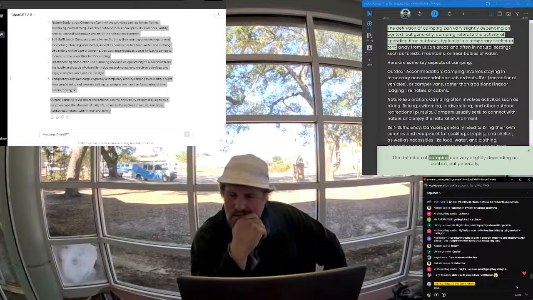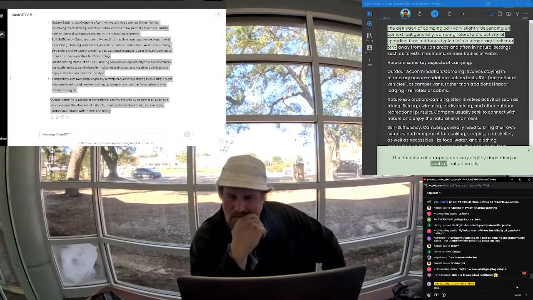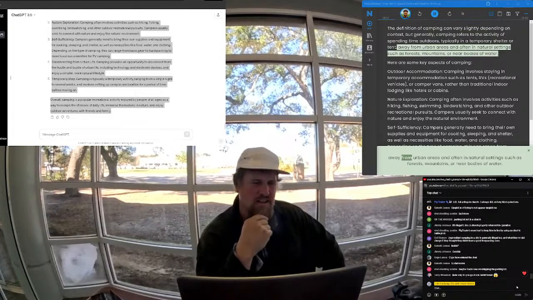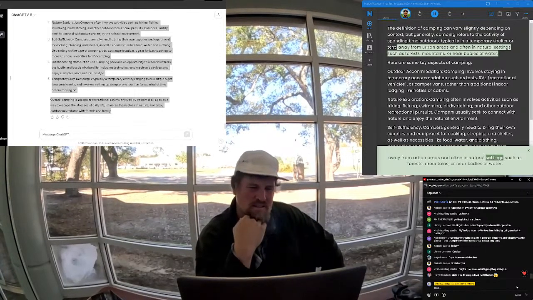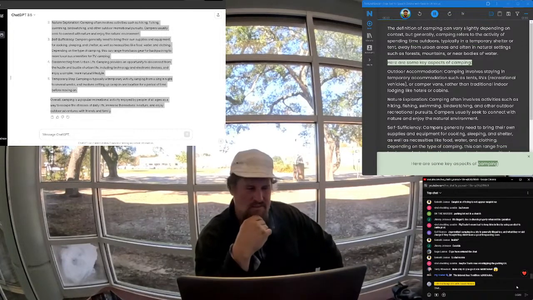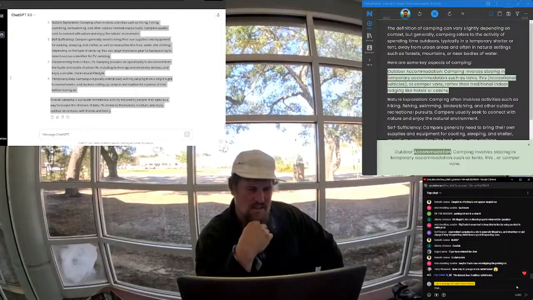The definition of camping can vary slightly depending on context, but generally, camping refers to the activity of spending time outdoors, typically in a temporary shelter or tent, away from urban areas and often in natural settings such as forests, mountains, or near bodies of water. Here are some key aspects of camping. Outdoor accommodation.